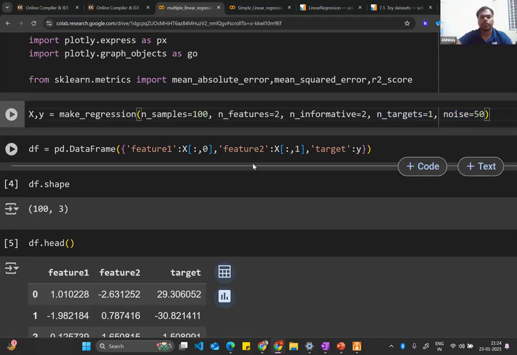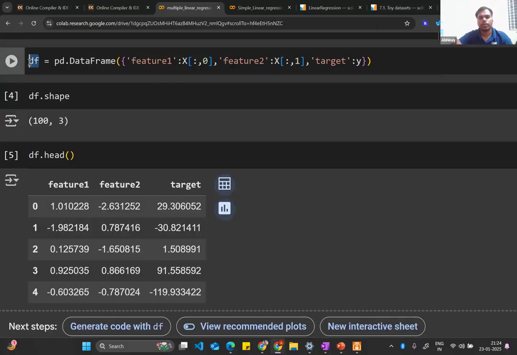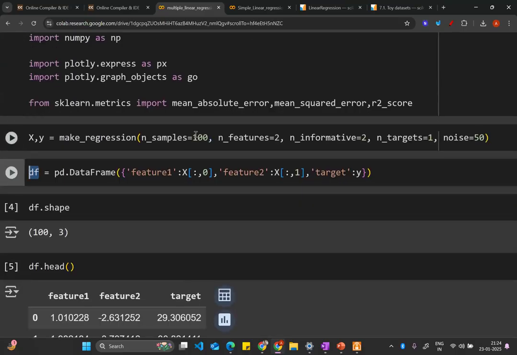After that, we made our dataset and stored it in our df, your data frame. We have not used the read CSV function.